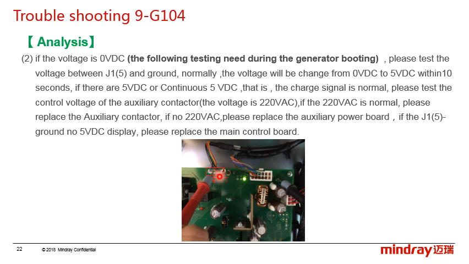If the 220 volt AC is normal, please replace the auxiliary contactor. But if you cannot measure the 220 volt, it may be an auxiliary power board problem. If the J1 and the ground has no 5 volt DC, please replace the main control board.